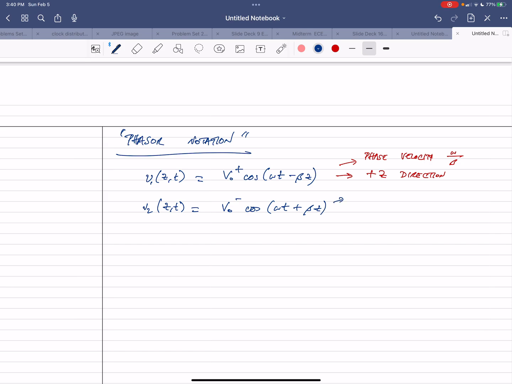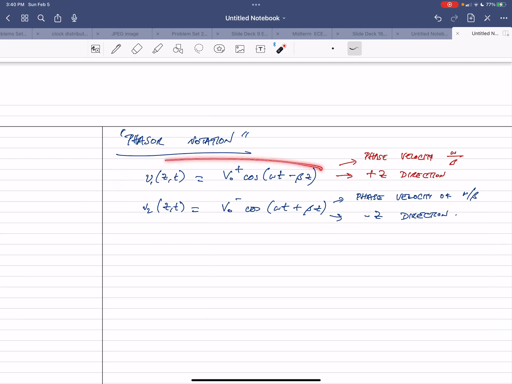This waveform also has a phase velocity of omega over beta, but it's traveling in the minus z direction. And the way I know which direction it's traveling in: if this is a minus sign, it's traveling in the plus z direction, and if this is a plus sign, it's traveling in the minus z direction. Okay, so either way, that's my voltage waveform.